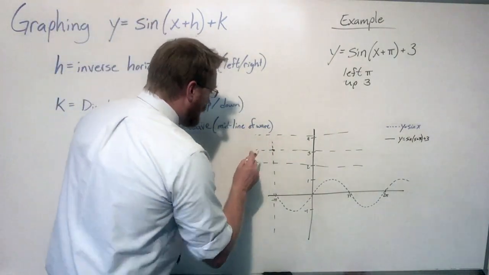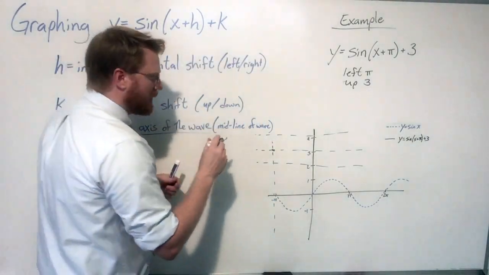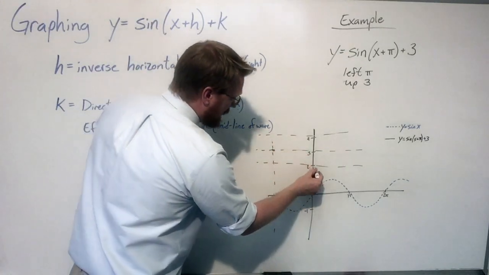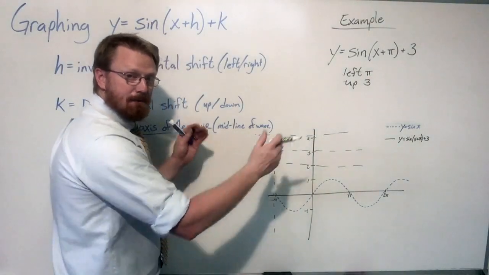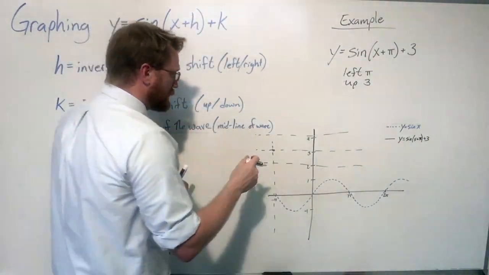So from my new origin, that's going to be kind of where the sine wave starts in the middle. It's got to go up to 1 past the midline, down to negative 1 past the midline, and it's got to do all that in a 2 pi period, because a b term is not present, so that 2 pi is still 2 pi.